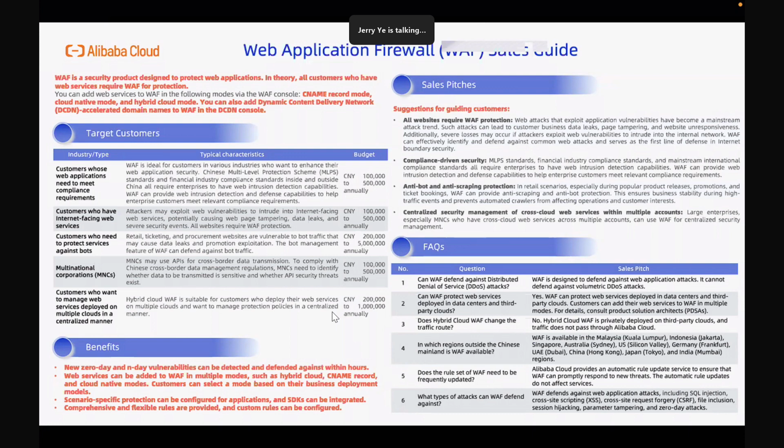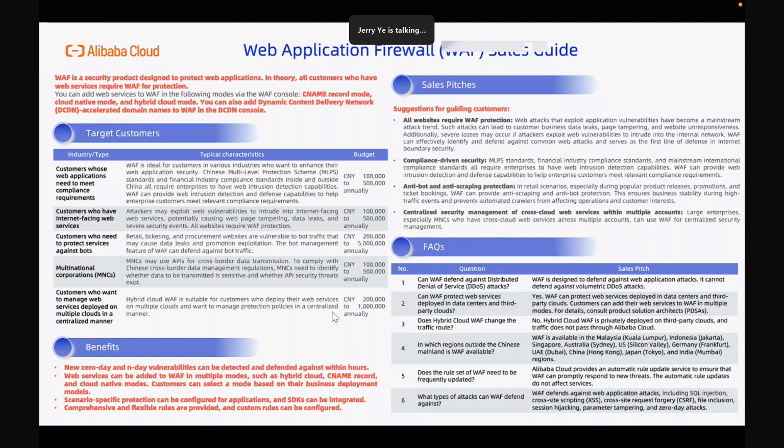The SDK will collect some information from the endpoints, like the IMEI, the MAC address, the brand of the mobile phone, and it will judge if the request comes from a normal mobile phone, or from Python, simulators, debugging mode or rooted devices, and help to judge if it is a bot attack or not. Okay, the next one is that comprehensive and flexible rules are provided and custom rules can be configured.